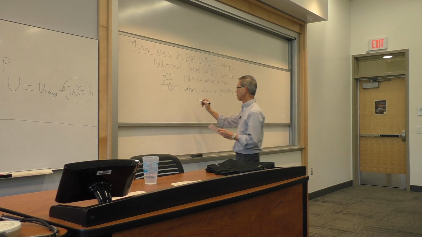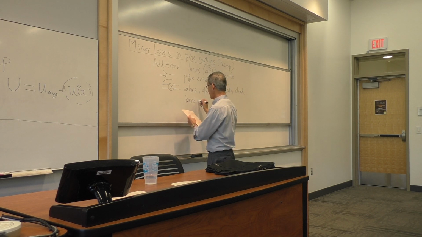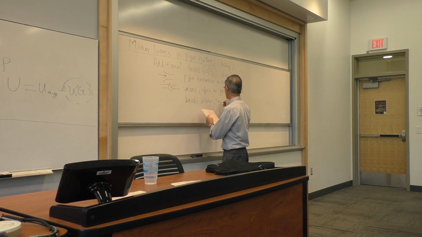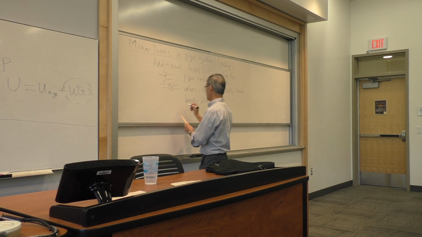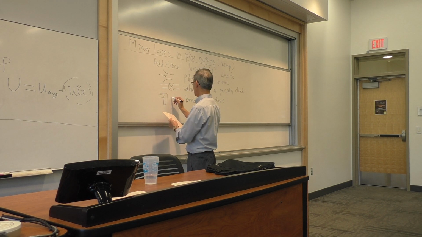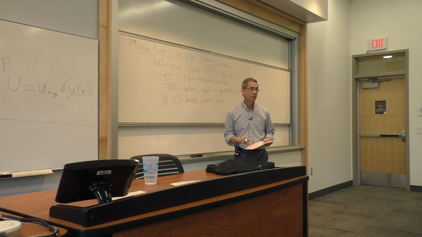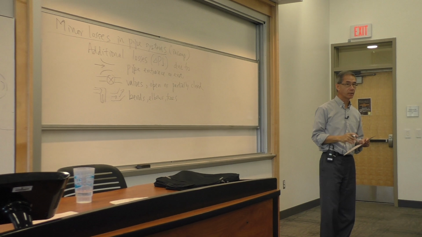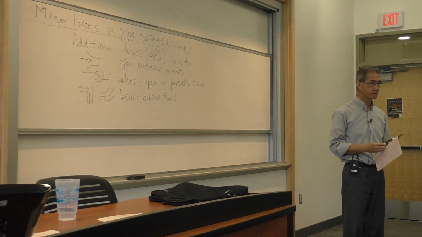And then, last but not least, are all the bends and elbows that, because of friction, when the fluid goes through those devices, that 90-degree bend, due to friction, they can generate considerable losses.